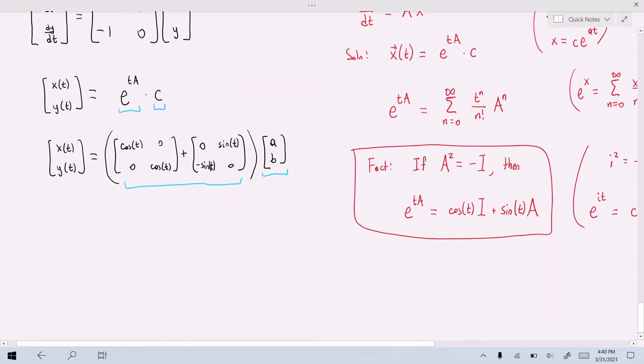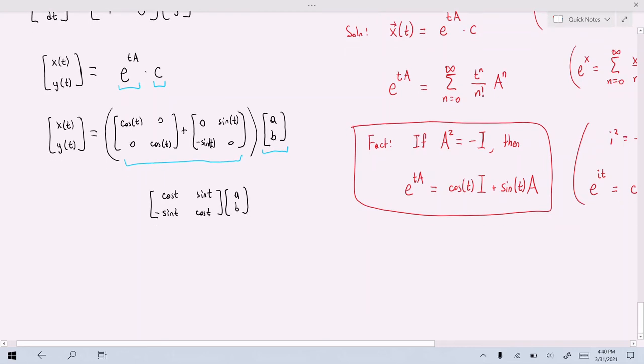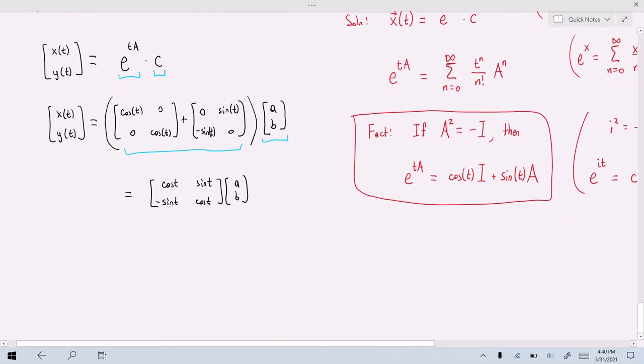So I'll multiply this out. Here we've got the matrix cosine t, sine t, minus sine t, cosine t, times (a, b), equals (x, y). Let me drop the of t and just write x, y now.